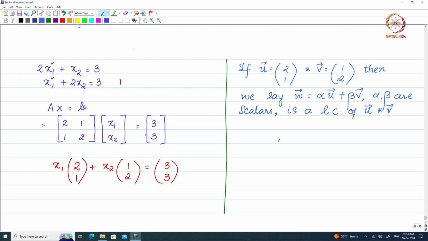Essentially what we see here is the same thing. We are looking at writing the vector 3 3 as a linear combination of the vector 2 1 and the vector 1 2.